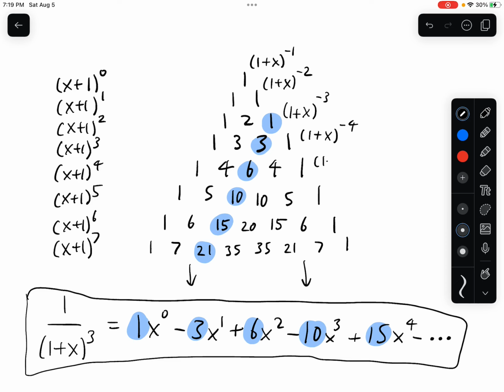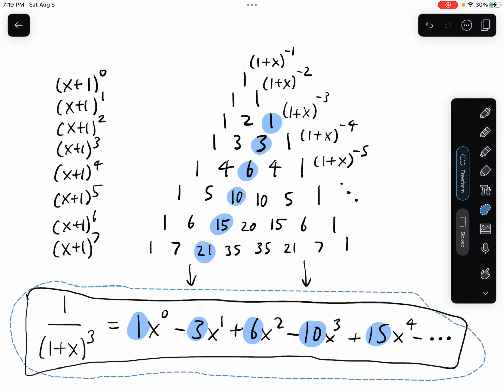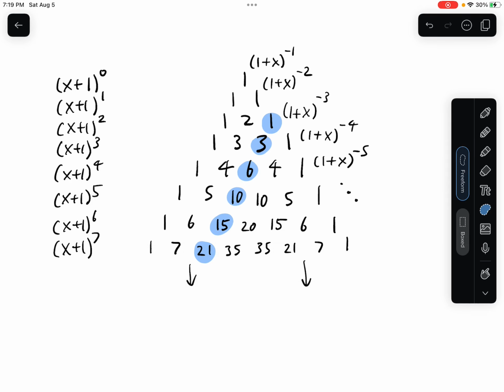This is 1 plus x to the negative fifth, and etc. In particular, the correspondence is regarding the power series coefficients. So, if we were to remove this down below, we could use Pascal's triangle in order to find the power series for this function.